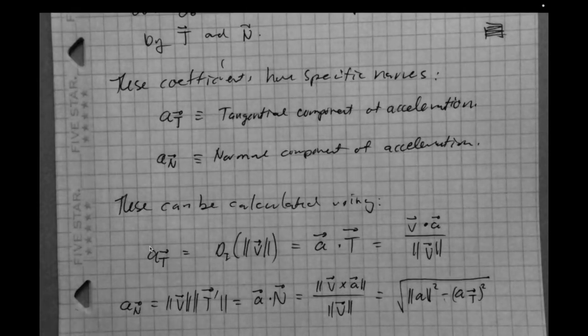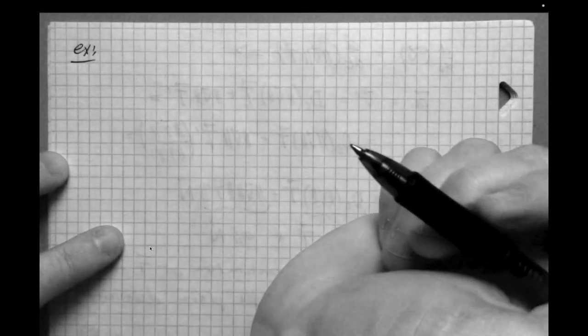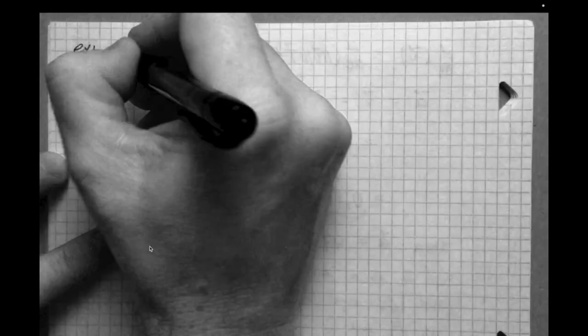All right, let's do an example. We'll wrap this section up with this example. Let's find the tangential and normal components of acceleration for this curve.